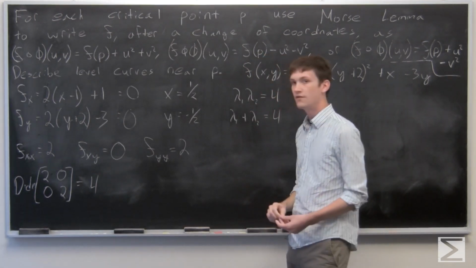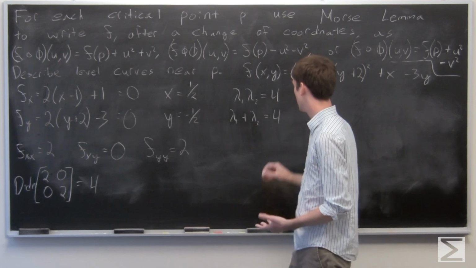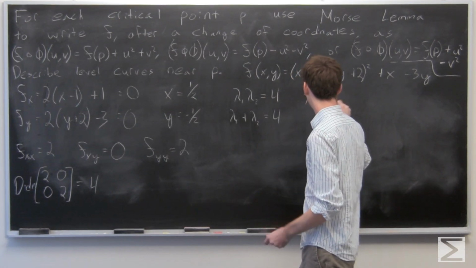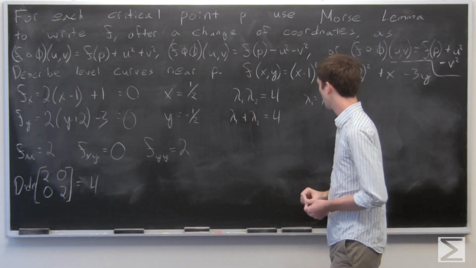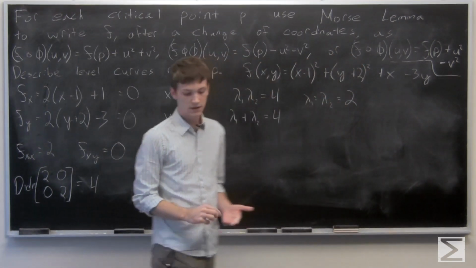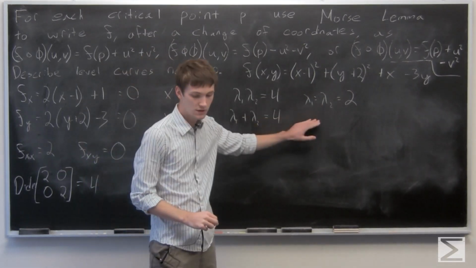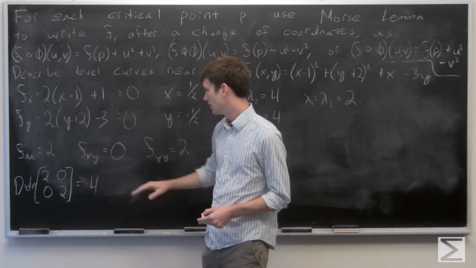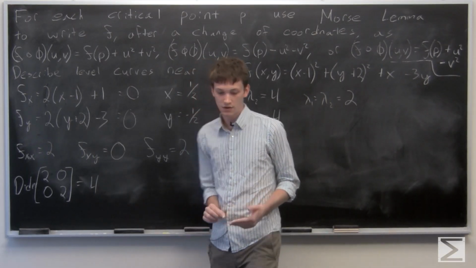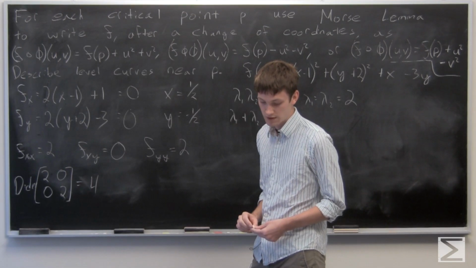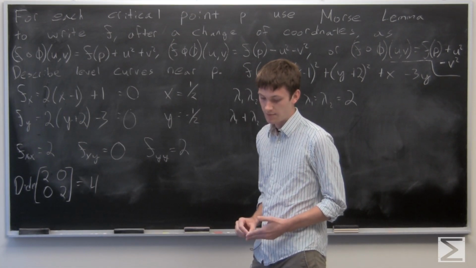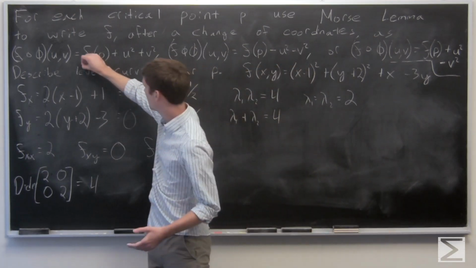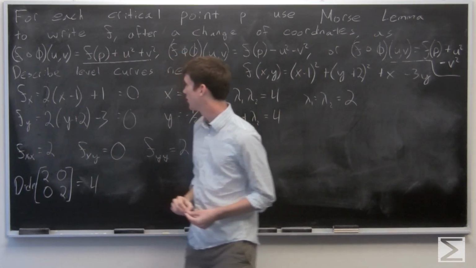And so we can solve these simultaneously. We see that lambda 1 is equal to lambda 2 is equal to 2. So we have two positive lambdas, and the determinant of our Hessian matrix is also positive. So that tells us that we are using the first case at our critical point.